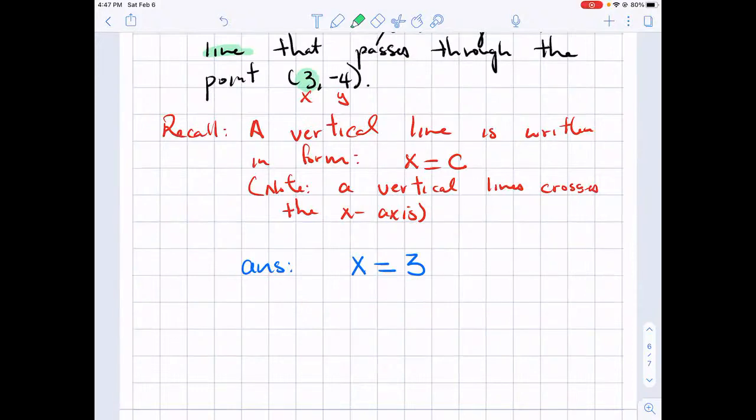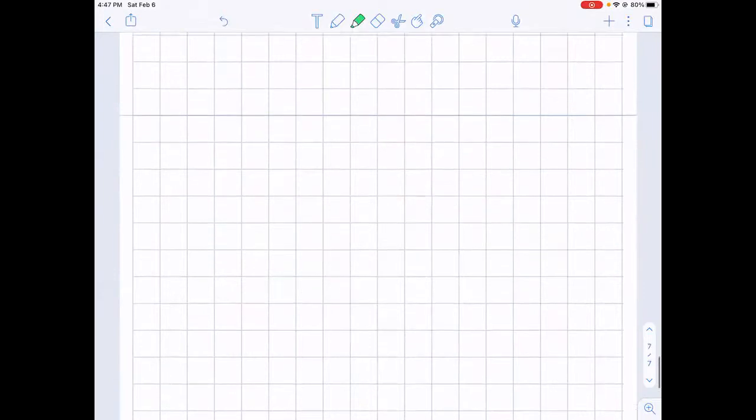This is only the case for horizontal and vertical. When it's a vertical line, it's x equals the x value of the point. When it's a horizontal line, it's y equals the y value of the point. So those are two special conditions.